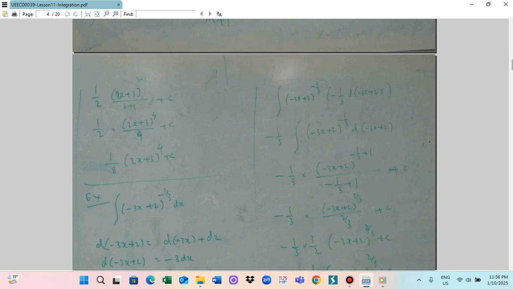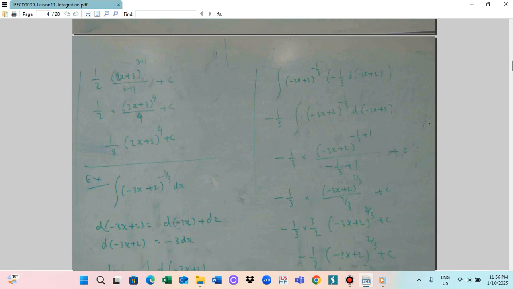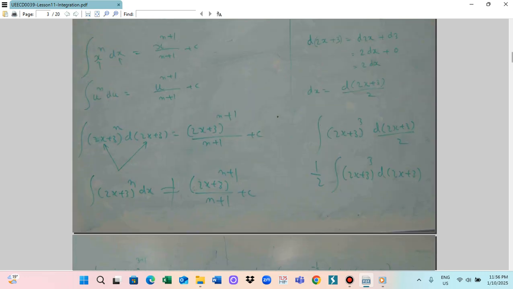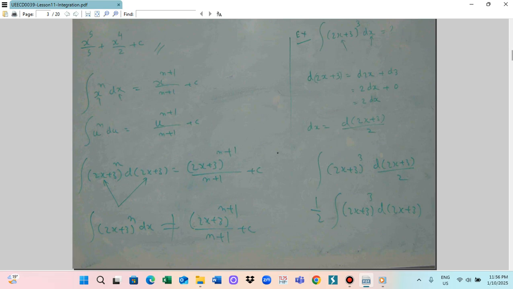Firstly, you make the differential: you find the differential of 2x plus 3, and you get 2dx, and then dx is equal to d of 2x plus 3 divided by 2. So this d of 2x plus 3 divided by 2 is substituted in place of dx. Finally you get 2x plus 3 power 2 and d of 2x plus 3 divided by 2. Now this is the same 2x plus 3 here, and with the d there is also 2x plus 3. So now we can make the integration.